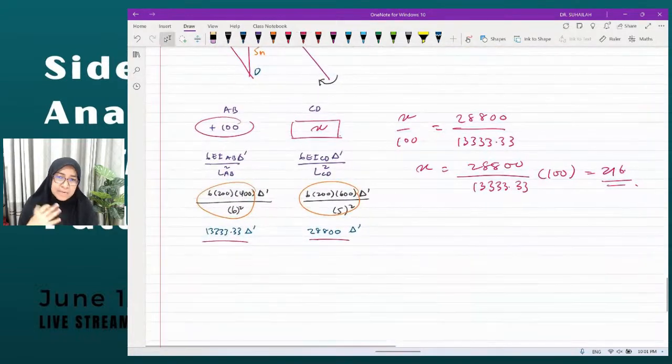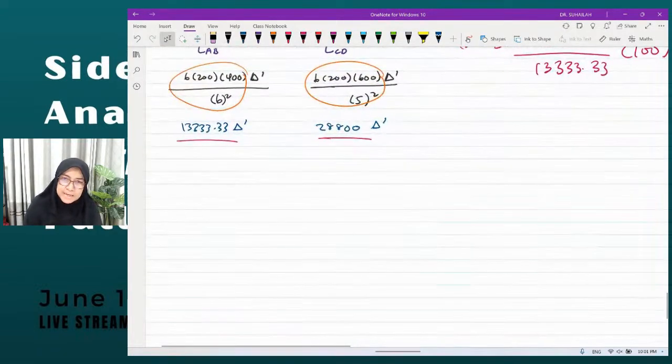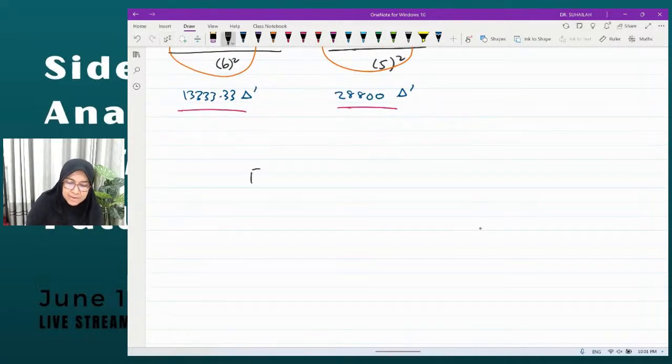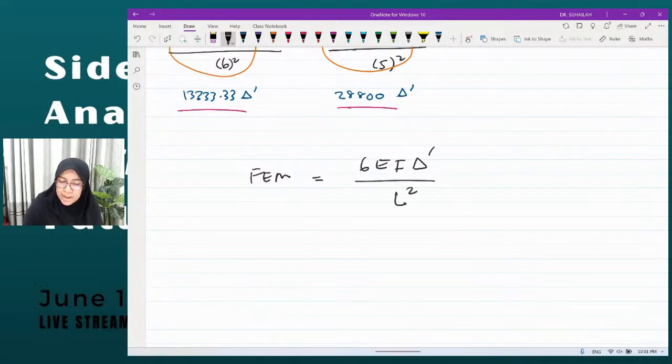It is actually a ratio, because the formula to calculate FEM due to delta is 6EI delta, in this case delta prime, over L squared. This is the formula.